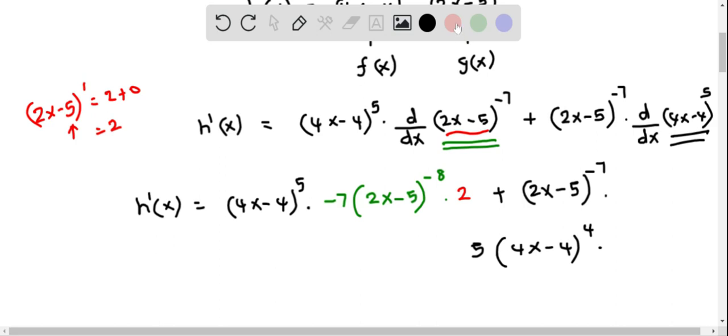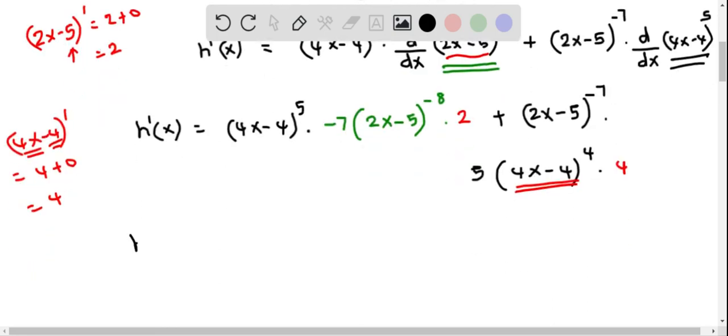And now we have to apply the chain rule to write the derivative of 4x minus 4. The derivative of 4x minus 4 equals the derivative of 4x, which is 4, and the derivative of negative 4 is 0. So it's just 4. So we put this number 4. Let's continue.